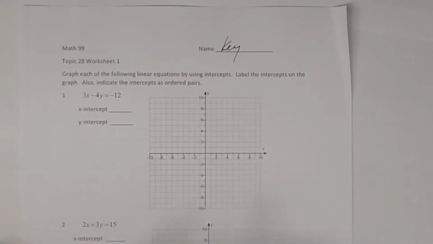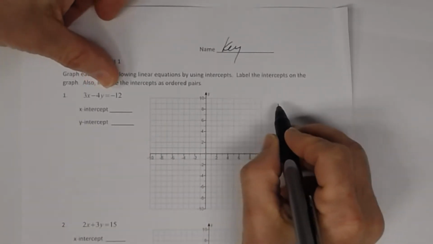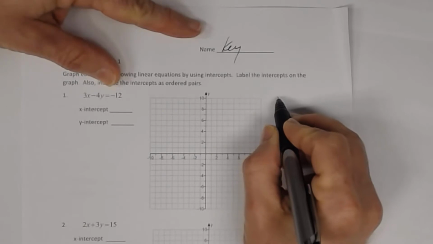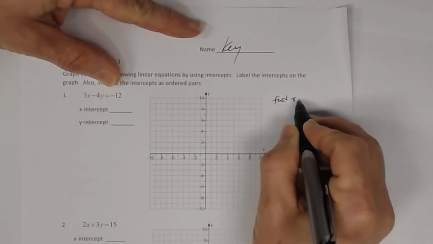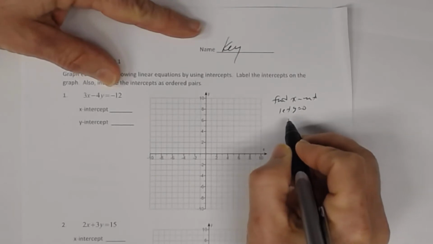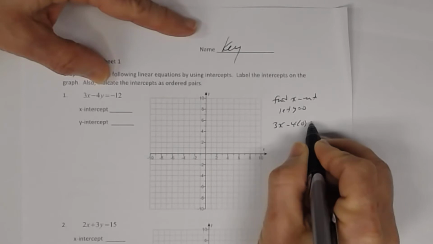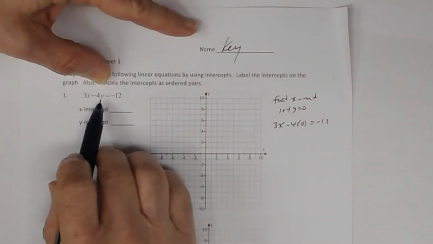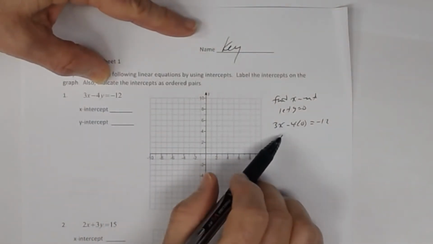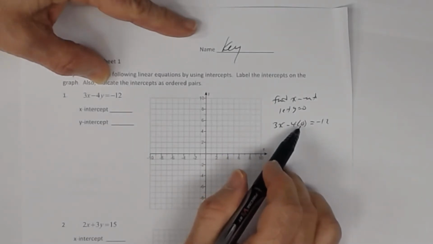Looking at number 1, you have 3x minus 4y equals negative 12. Let's find the x-intercept first. Remember, you let y equal 0. So I have 3x minus 4 times 0 equals negative 12. In place of y, I substitute 0, and negative 4 times 0 is 0.